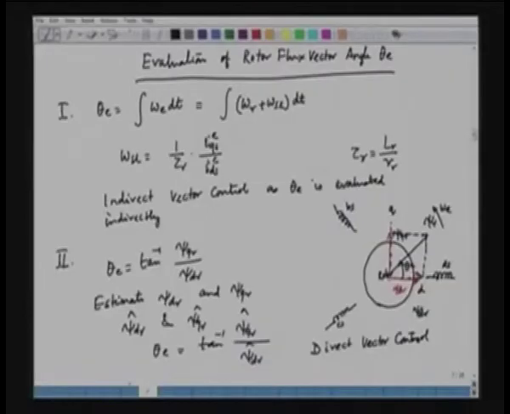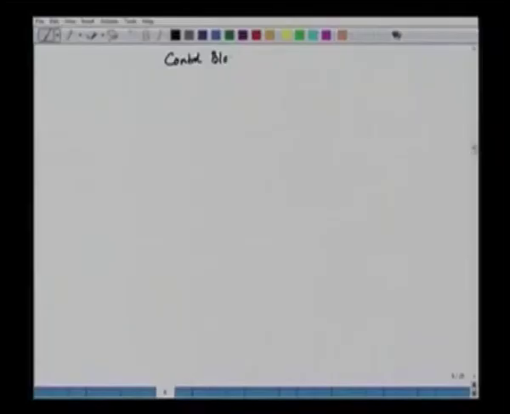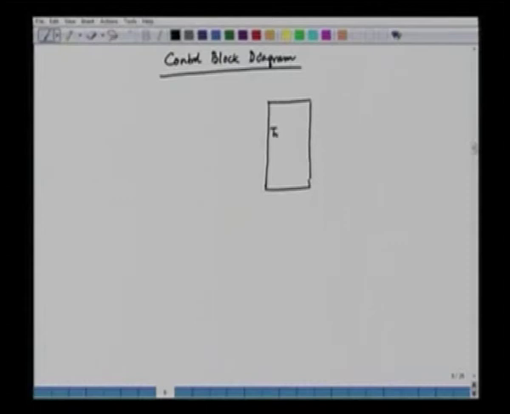So, we will now see a control block diagram of a vector control drive. So, we have here the transformation block, and this angle is theta e, which is used for the transformation.